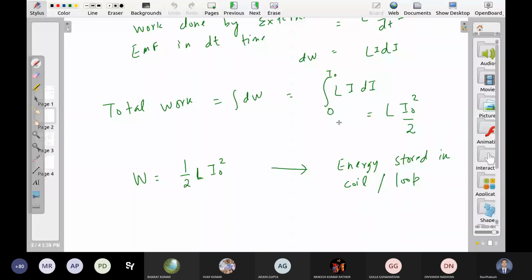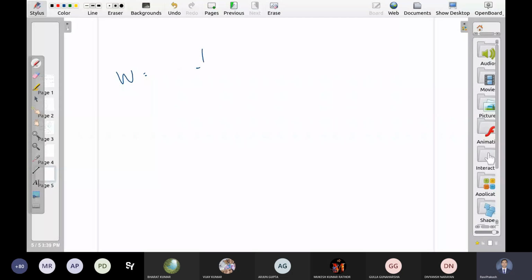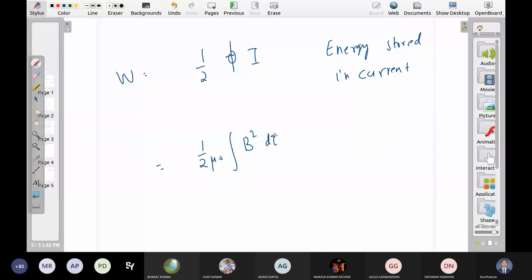Energy stored in the loop is W equal to half phi into I, the energy stored in current or current carrying objects, and it is equal to 1 by 2 mu naught integral B squared d tau in the field. And both the things are equal. It's up to your choice which one you consider.